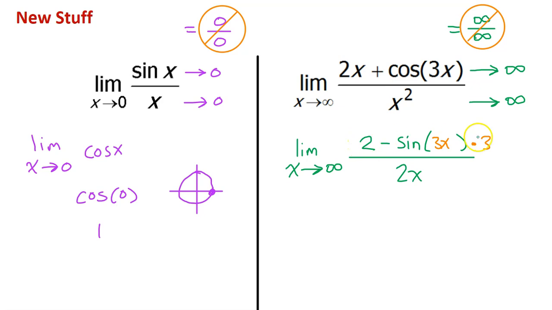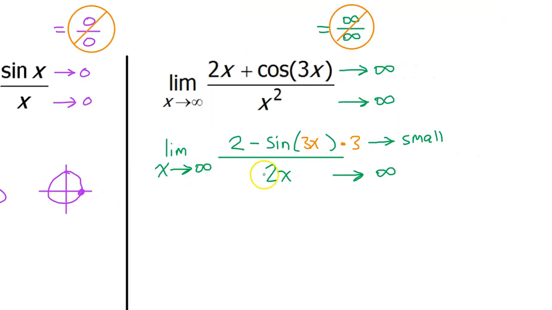So let's re-evaluate what's happening to the value of the numerator and the value of the denominator. The denominator is approaching infinity as x gets bigger and bigger. But what about the numerator? I'm just going to say that the numerator stays small. Just like cosine x, sine of 3x stays between positive 1 and negative 1. 2 is a constant.